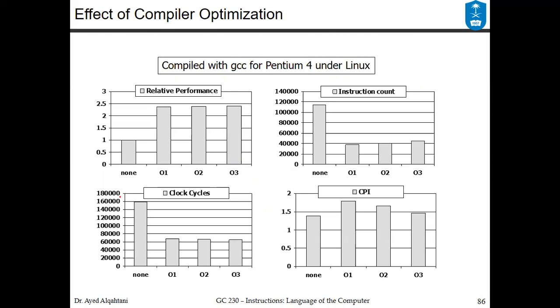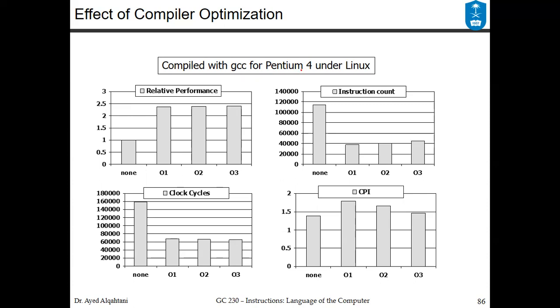Now we will move to some of the effects of compiler optimization. So let's assume that you compile this code, the sort code, with the GCC compiler for the processor that is Pentium 4.